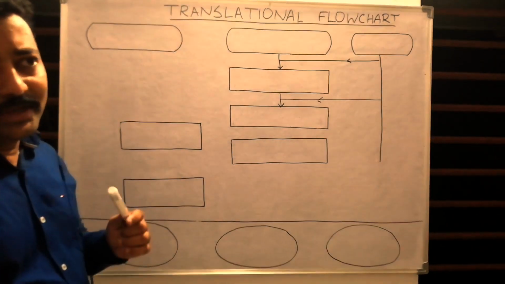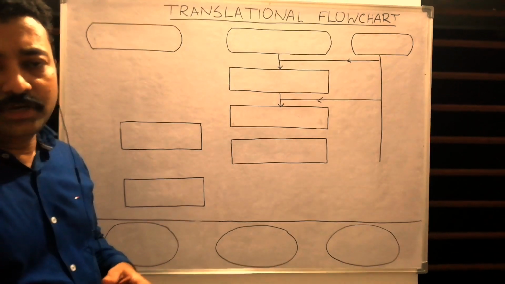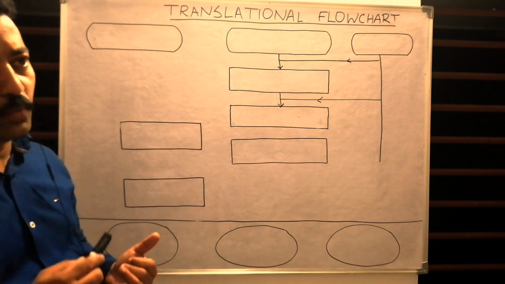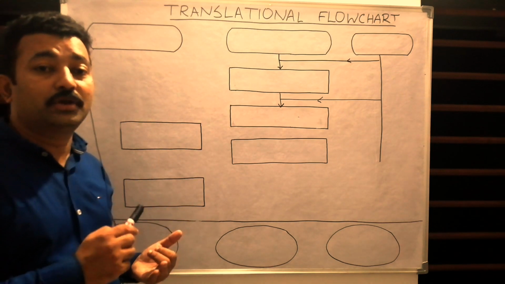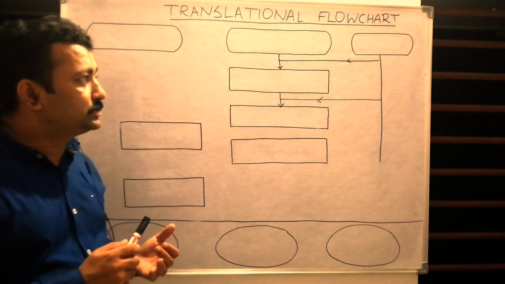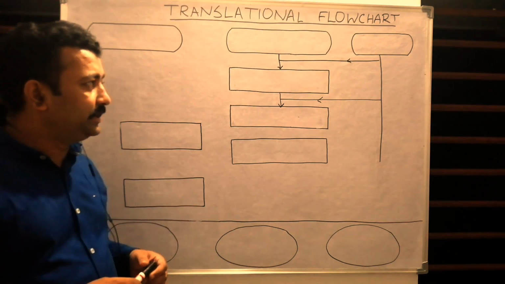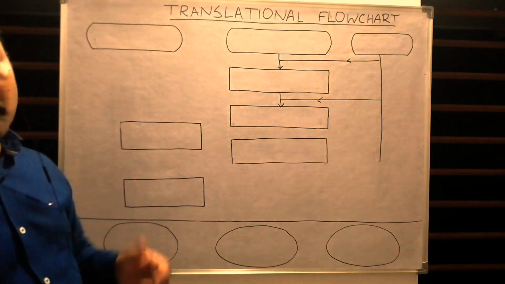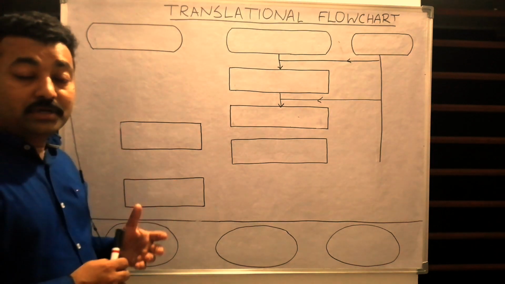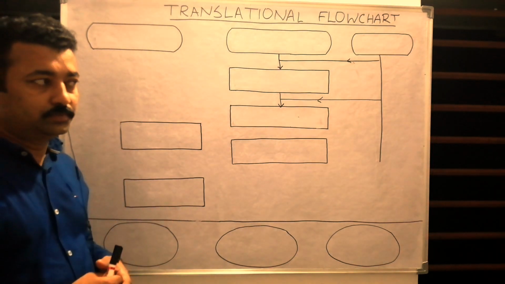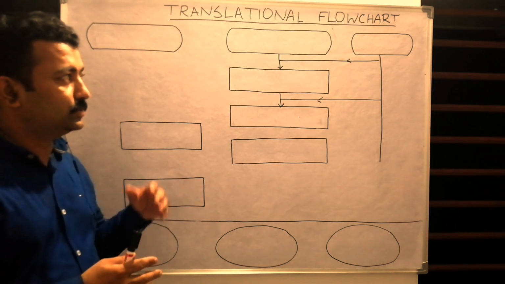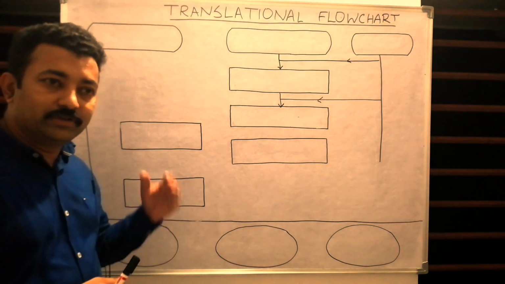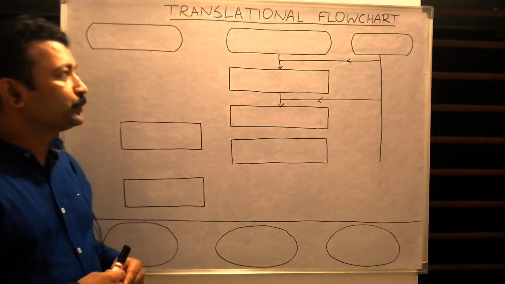My aim is to remind you about the translational motion that you have studied: motion along a straight line, motion in two dimensions, that is motion along a plane, Newton's laws of motion, and work, energy and power. These are the things that you have already done in the previous sessions of mechanics.